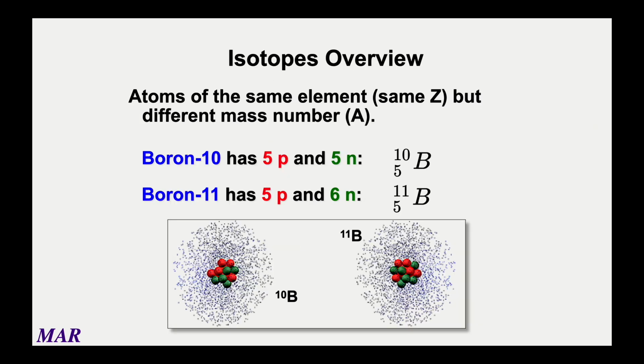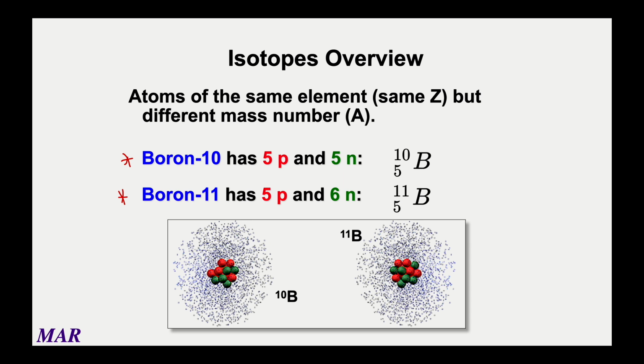So as an overview, all of the atoms on the periodic table will exhibit more than one isotope. And here's an example of boron. Boron is mostly boron-10 and boron-11. And again, the difference between them is not the number of protons, because boron anything is going to have 5 protons. The difference comes from the mass number.